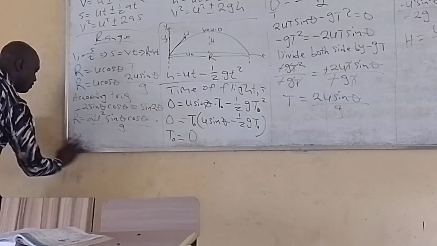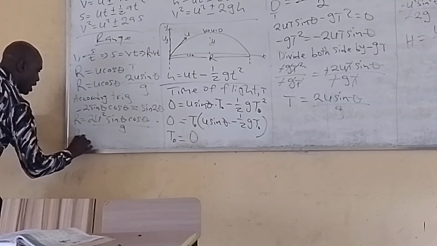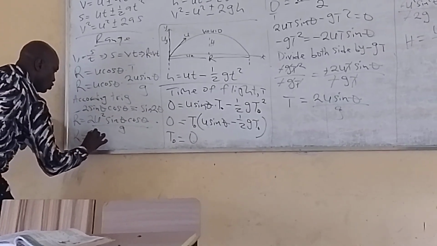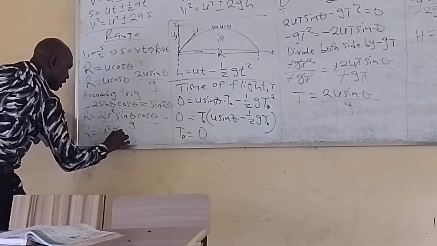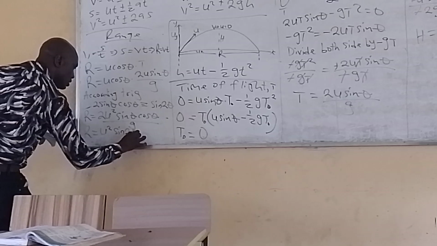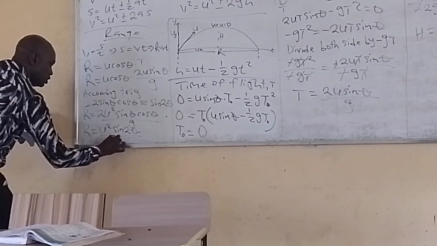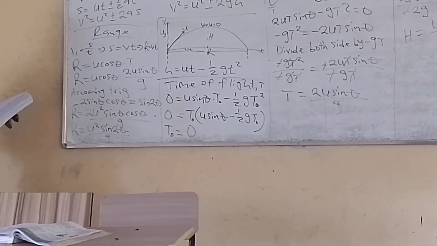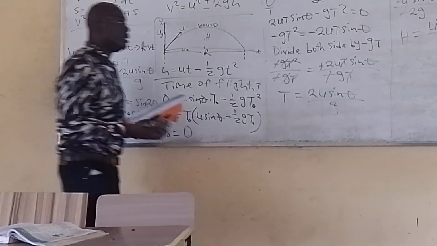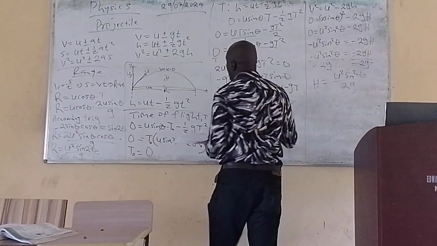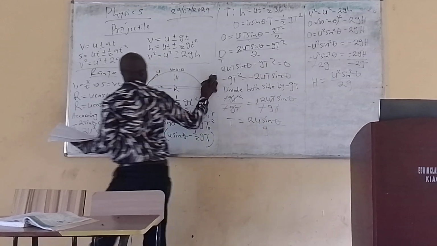We now have our range r to be equals to u squared, then 2 sine theta cos theta will now be sine 2 theta, all over g. So this is the formula for range. R equals u squared sine 2 theta over g. Then if you want to get the maximum range, let me play this side.